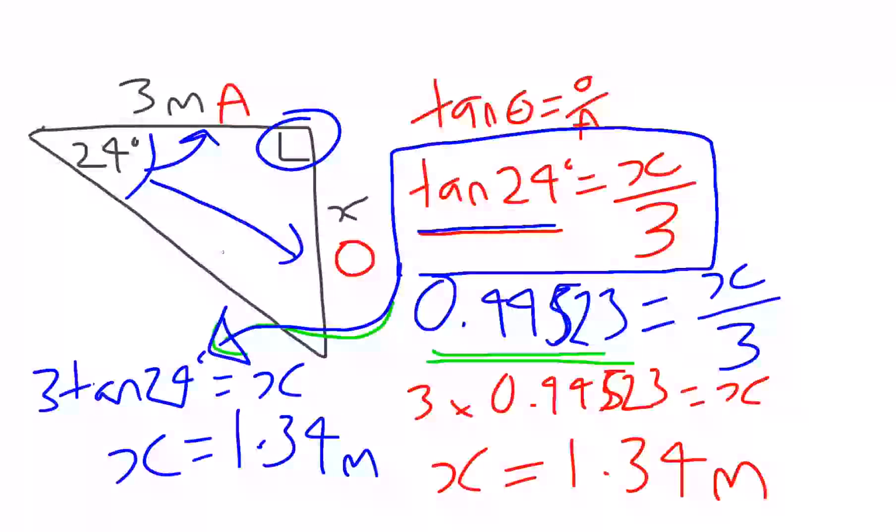So all this stuff over here, I don't need to do. I don't need to write out the value of tan 24 because I can just use that in my formula. But that's the reason that this trigonometric ratio works for finding an unknown side.